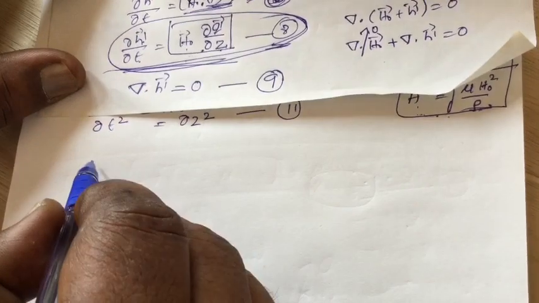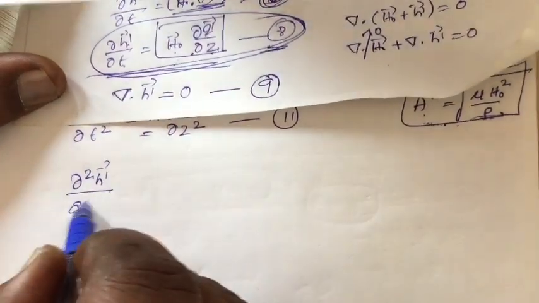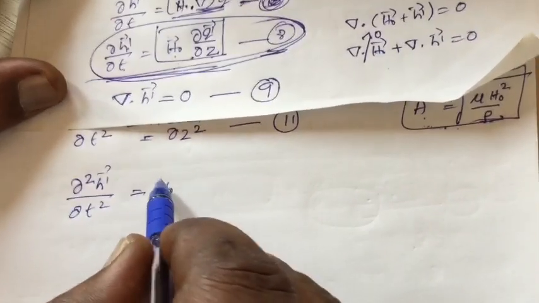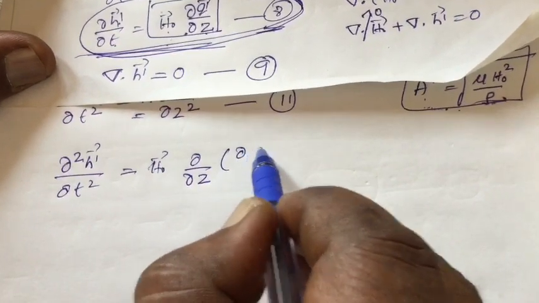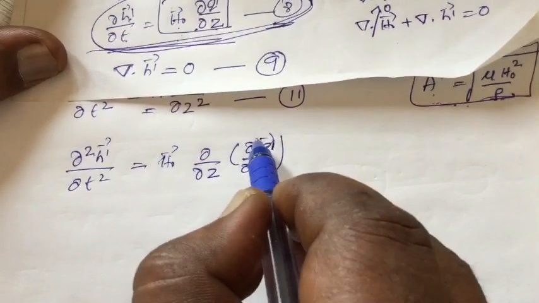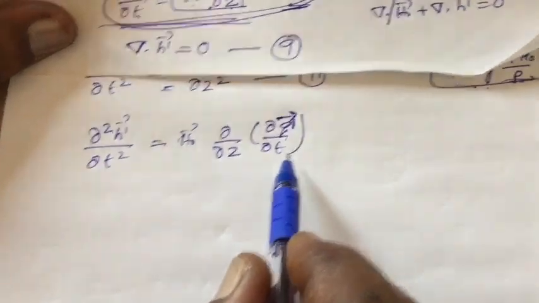Then this equation will become del square h dash by del t square is equal to H naught into del by del z of del q dash by del t. Is it right? By differentiating on both sides you are going to get like this.